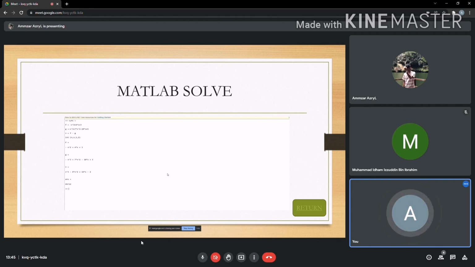Then we put int, that is integral, and then we put n, x, and 1 and 2. 1 and 2 is for the limits of f minus g. And then we get the answer, which is 49 over 12.